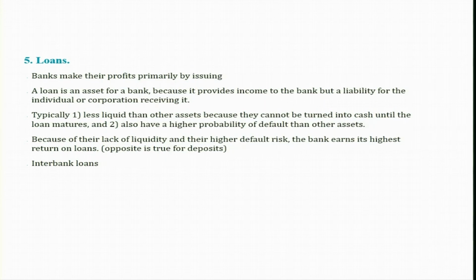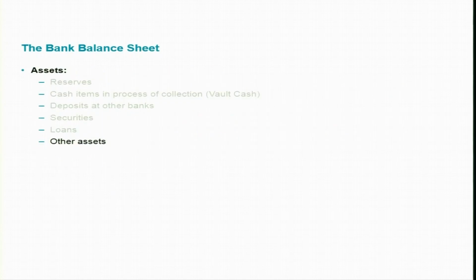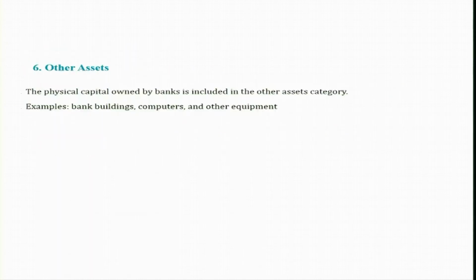And as we discussed in the previous session, there are interbank loans as well, and these are all the components of loans on the asset side of the bank balance sheet. Other assets include the physical capital owned by banks. The examples of other assets are mainly bank buildings, computers and other equipment.